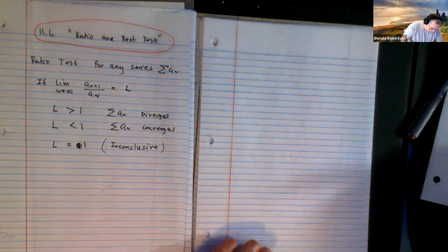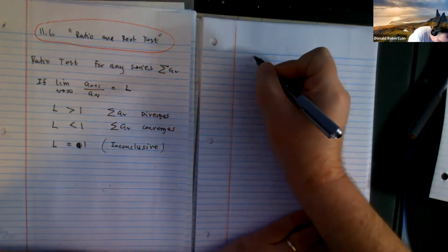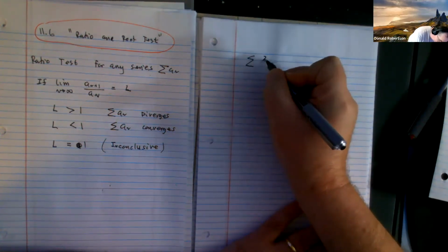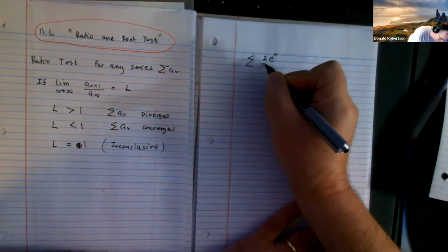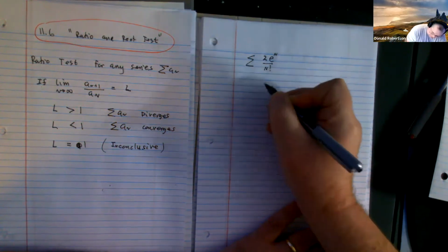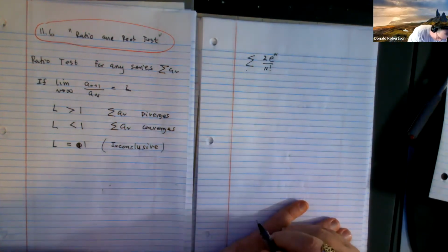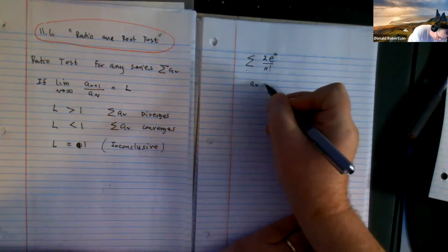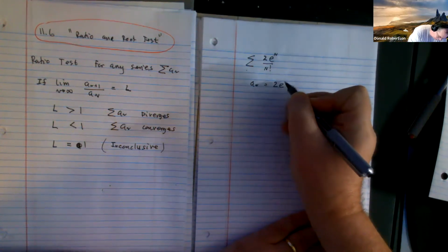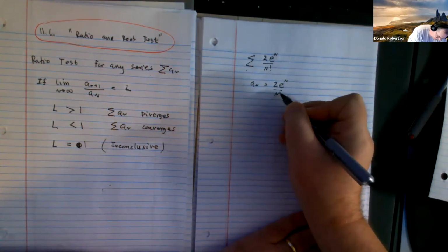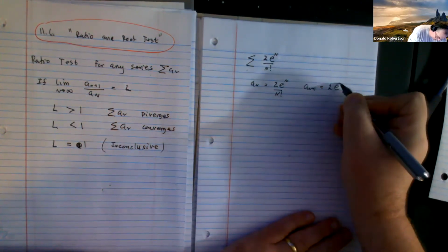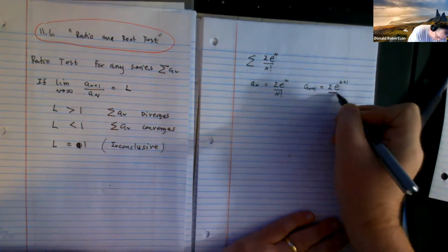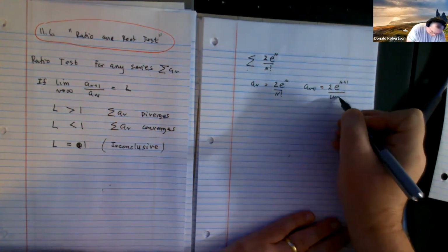Now, suppose we got that guy. a_n is 2e^n over n factorial, and a_(n+1) is 2e^(n+1) over (n plus 1) factorial.